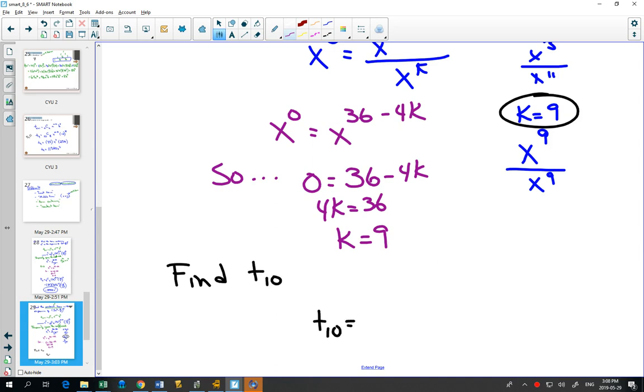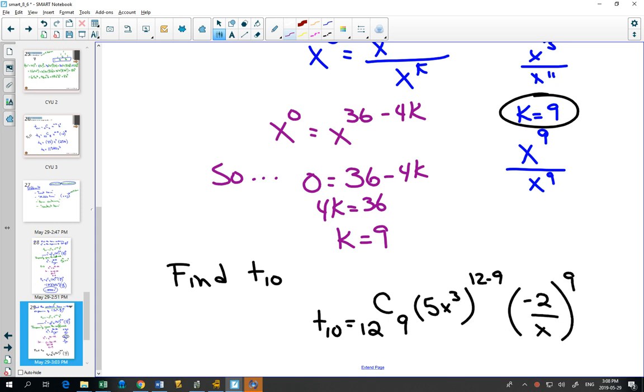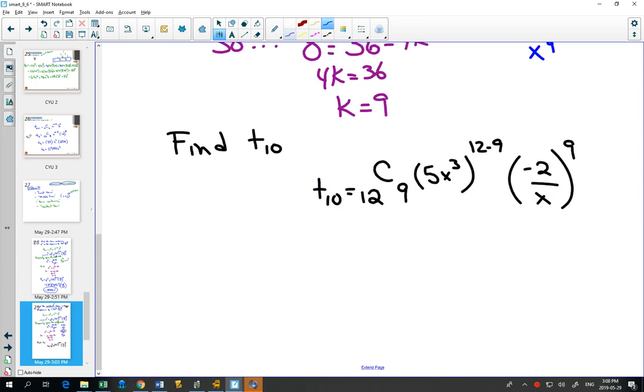Term 10 would equal, n was 12, choose k is 9, 5x cubed to the 12 minus 9, and negative 2 over x to the 9. Again, calculate each of these things separately.